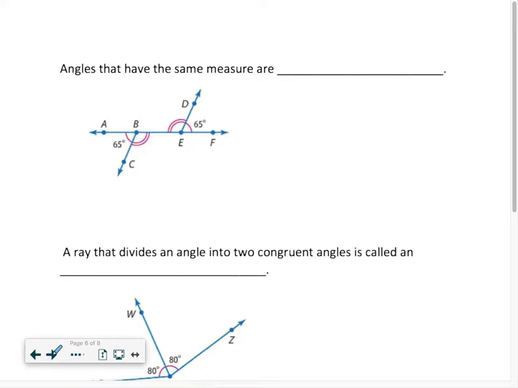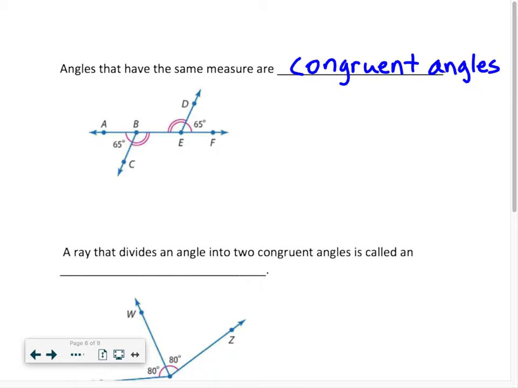Alright, angles that have the same measure are congruent angles.